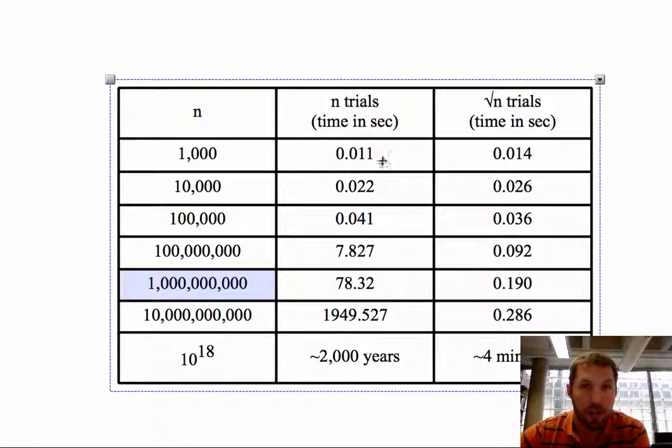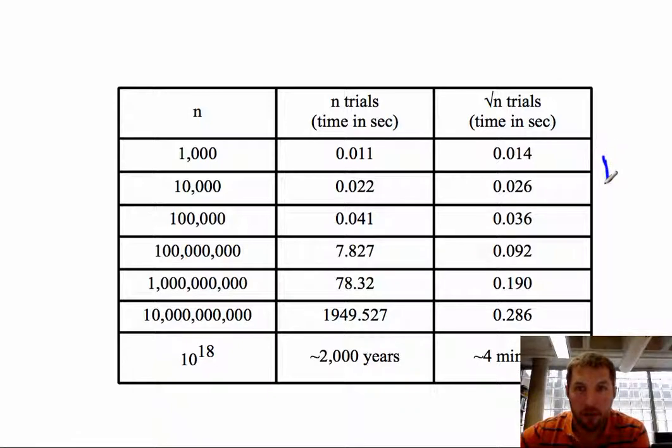So you can see that at the beginning of the table, up here, there's not so much of a difference between these two things. But as the numbers start getting big, the small difference in our algorithm made a huge, huge difference in the amount of time it takes to actually do it.